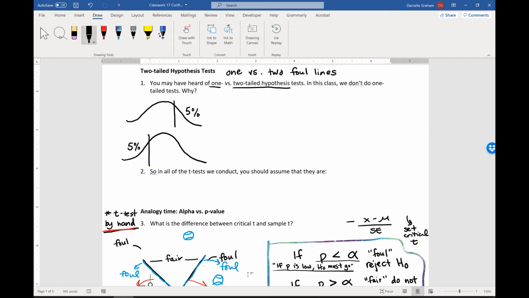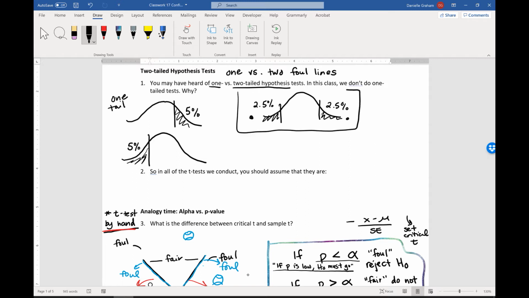So this represents our one-tailed, where we're putting all of our fouls in just one of our tails, either on the right or on the left, and anything else counts as fair. Versus two-tailed is like what we talked about, where we say, okay, half of that 5%, so 2.5%, will be here, and half of it will be here. And it doesn't matter if it's foul to the left or foul to the right, either way is still a foul, right? If it lands out here, it's foul. If it lands out here, it's foul.